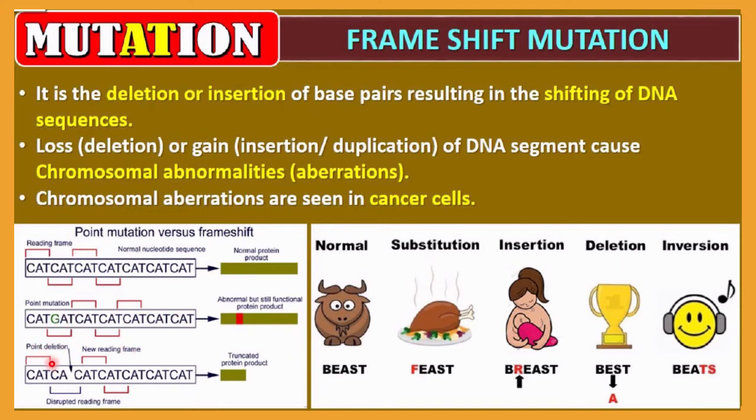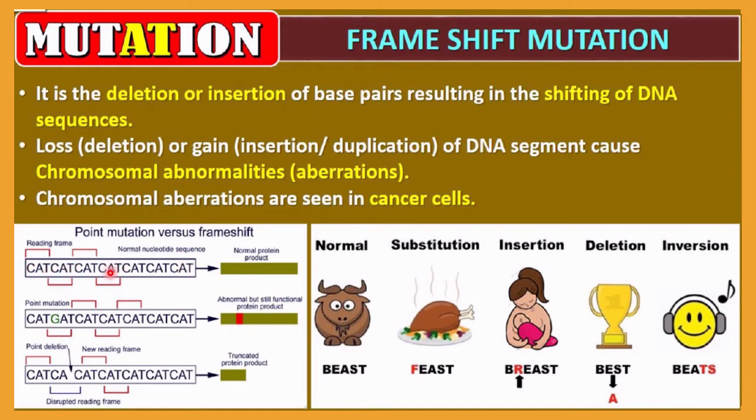And here you can see a point deleted, the whole point is deleted. Instead of T, the whole thing is deleted, not replaced. Such a thing is called disrupting. This will disrupt the frame. Actually, the codon is read in three segments, three nitrogen bases read together, like CAT.